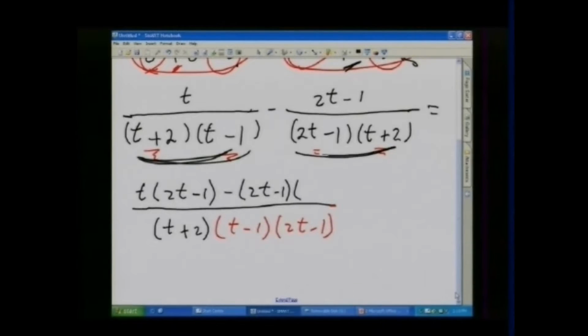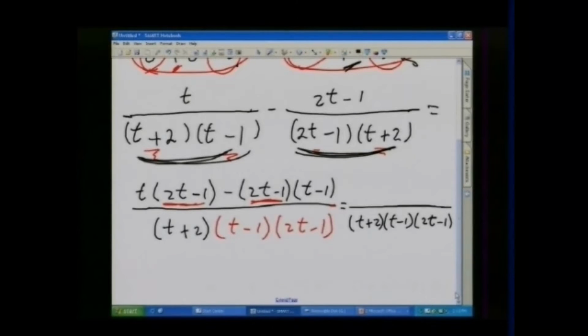Again, comparing this second denominator with the common denominator, you would see you don't have t minus 1. Now in the denominator, you write it as is, t plus 2 times t minus 1 times 2t minus 1.